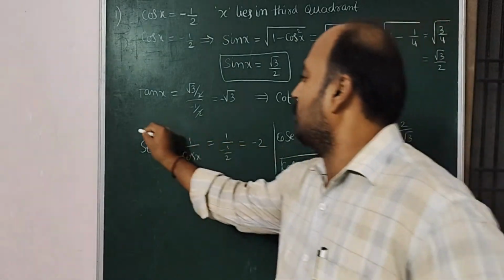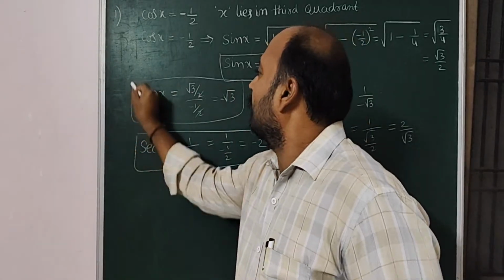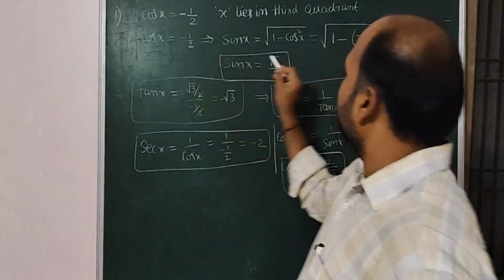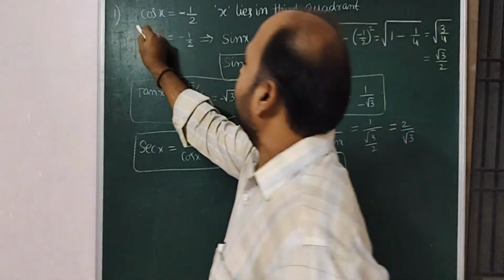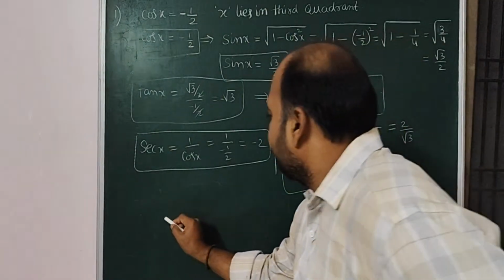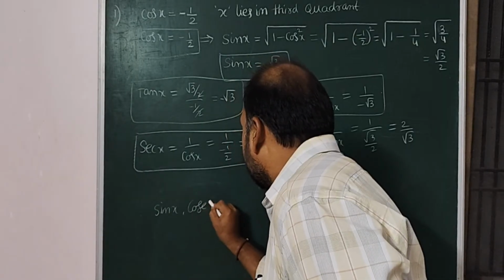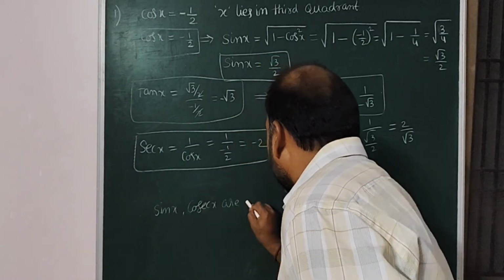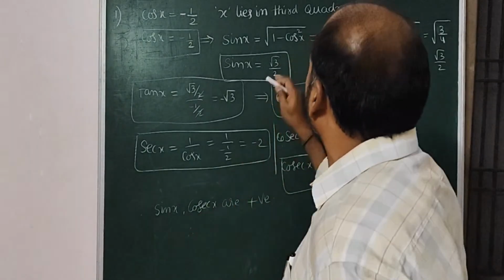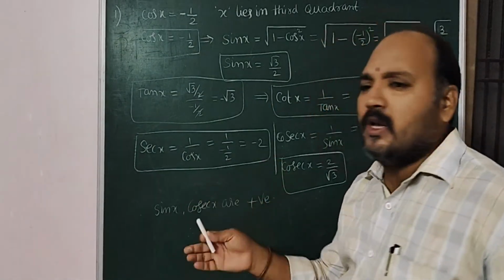So the values we got, I am writing here. The other trigonometric ratios, this is the given information. By observing this data, sin x and cosecant x are positive, the rest are negative. Therefore, x belongs to the third quadrant.